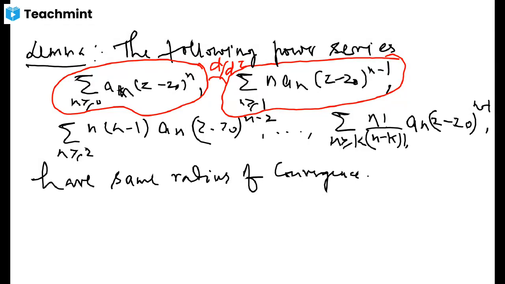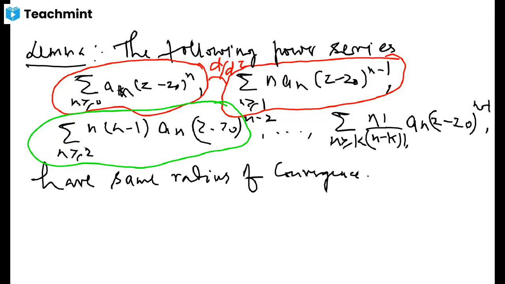Similarly, the next power series is obtained by differentiating the previous one, and this is the way. So I'm going to show that these first two power series, which are enclosed in the red enclosure, have the same radius of convergence.